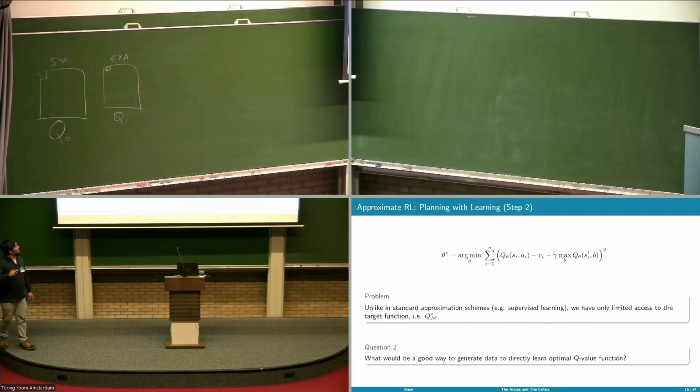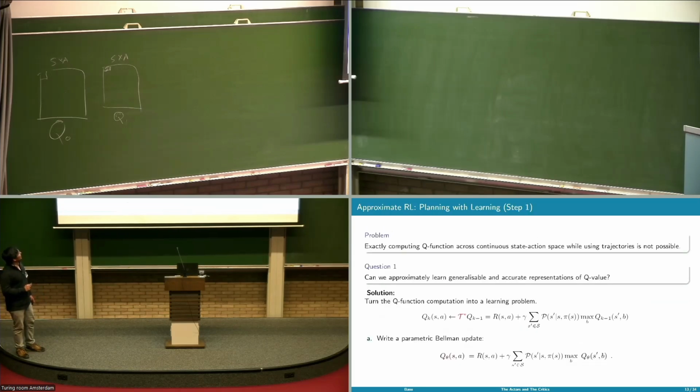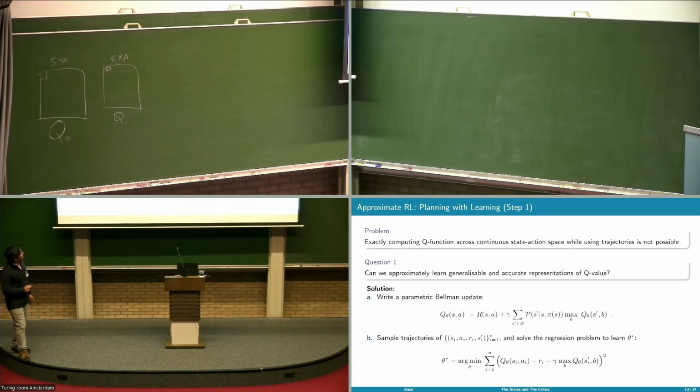First thing, if we go back, we knew that we can find the optimum by applying the optimal Bellman operator again and again iteratively. And we know for the optimal one, Q star itself is the optimal Bellman operator applied on Q. Then you turn this into a regression problem. You use Q on both sides and try to find the parameter that optimizes it. Now you don't want to use a crazy amount of data.